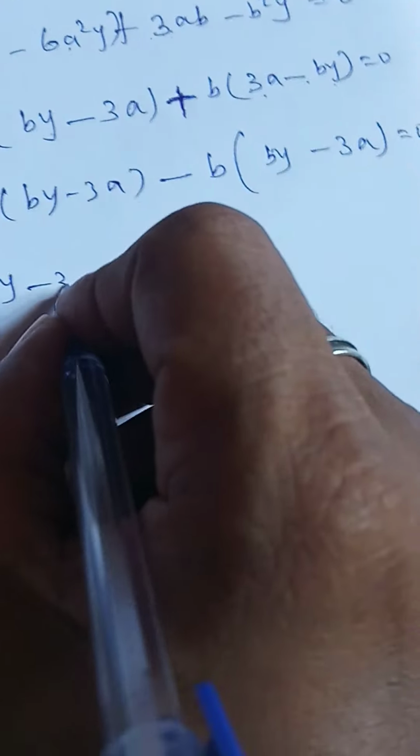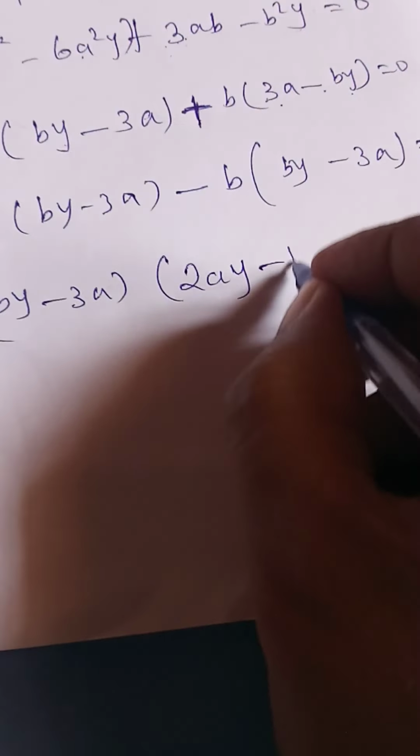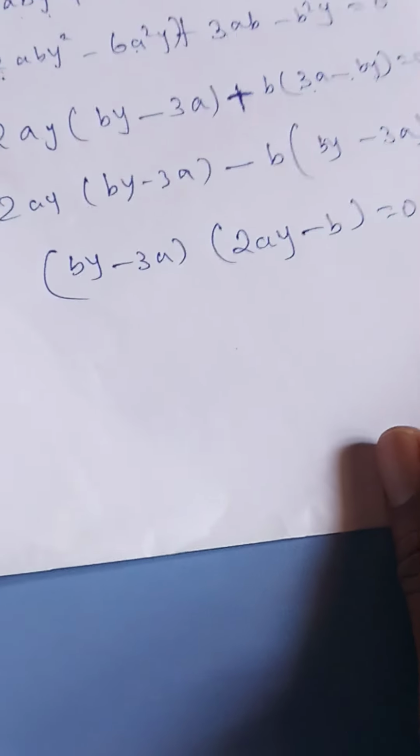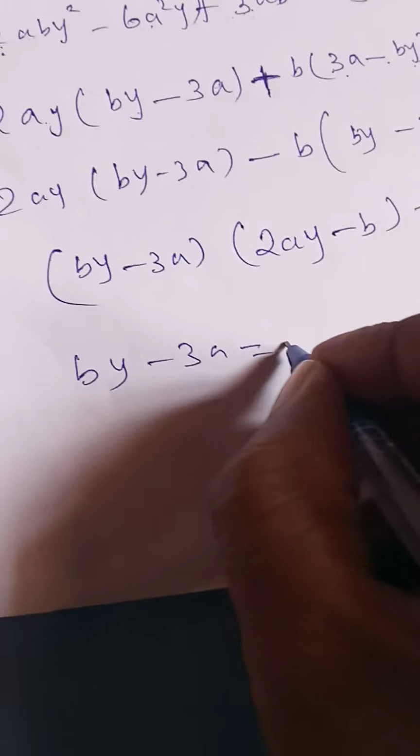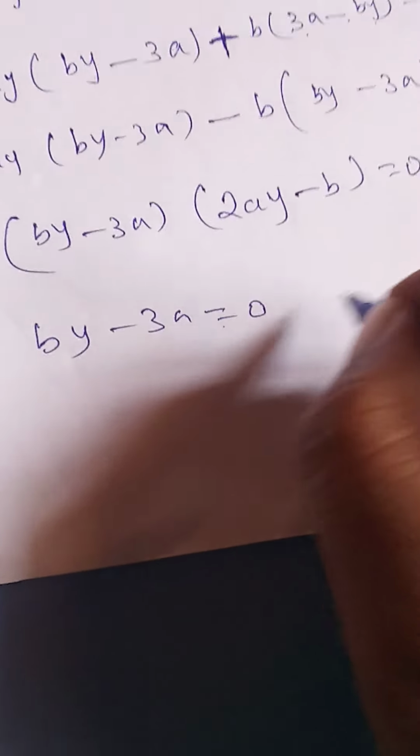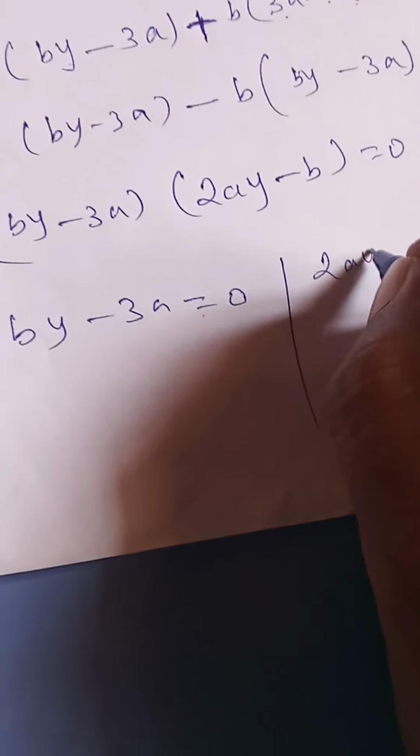Change the sign by taking minus 1 common: minus, plus by, is equal to 0. The two factors are common: by minus 3a into 2ay minus b is equal to 0. Then by minus 3a is equal to 0, and another factor, 2ay minus b is equal to 0.